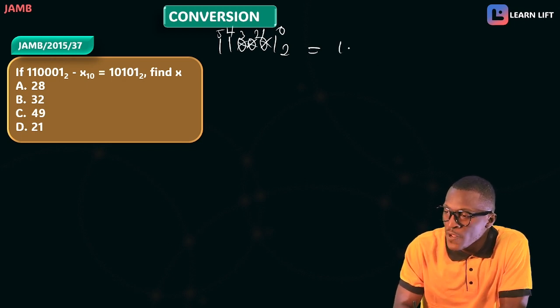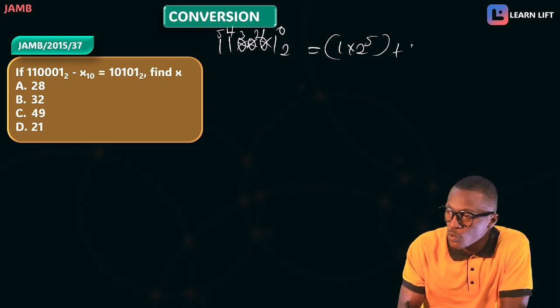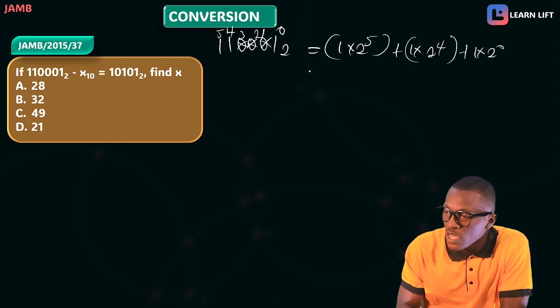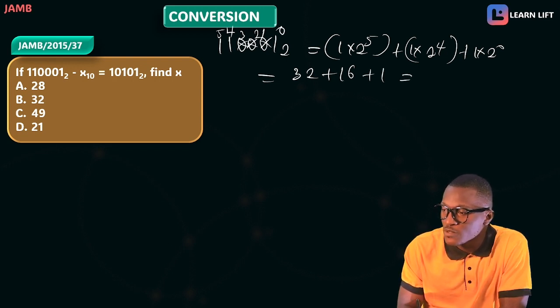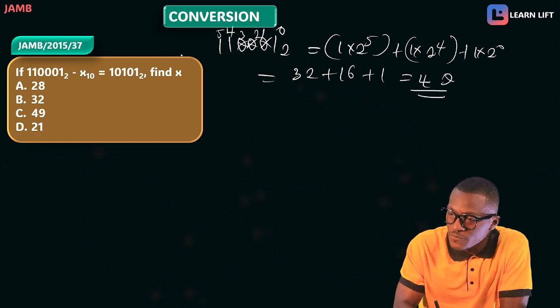This now becomes 1 times 2 raised to power 5 plus 1 times 2 raised to power 4 plus 1 times 2 raised to power 0. 2 raised to power 5 is 32. 32 plus 16 plus 2 raised to power 0 is 1. If you add that together, 32 plus 16 is 48, that's 49. So this first one gives 49.